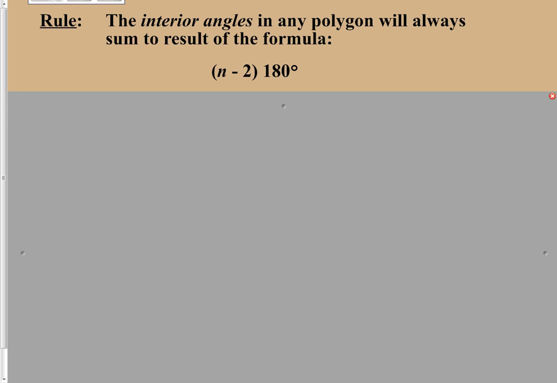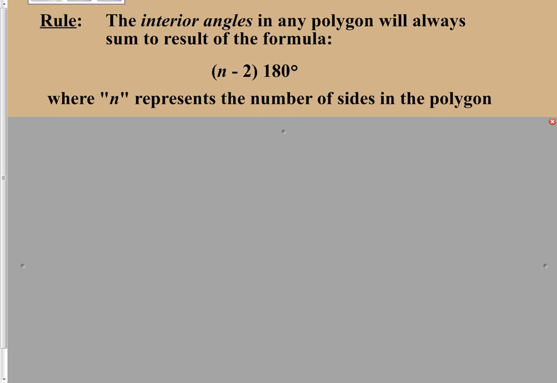So if you take all of the interior angles from any polygon and add them up, that will be equal to the result of this formula. And the formula is n minus 2, whatever that is, multiplied by 180 degrees. Okay, n in this formula represents the number of sides in the polygon.